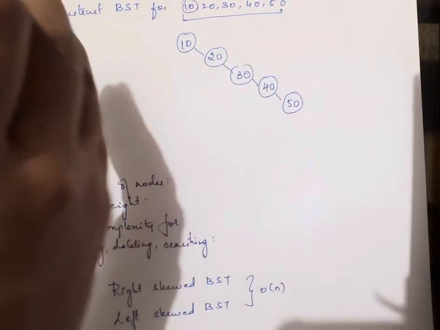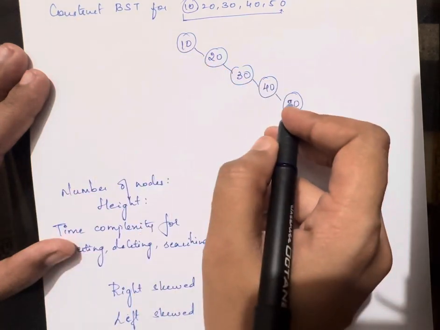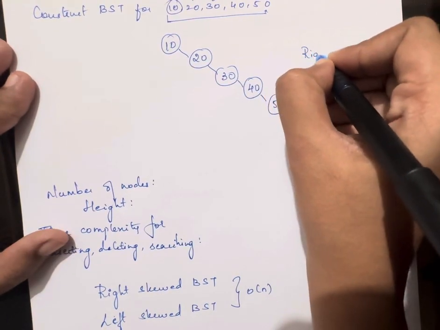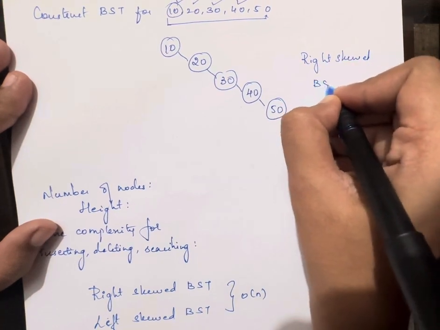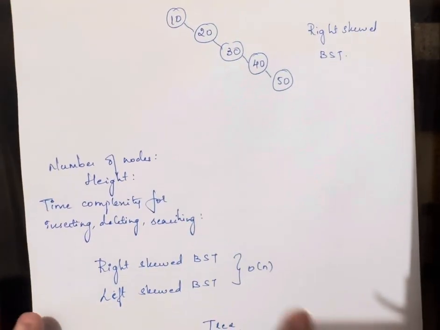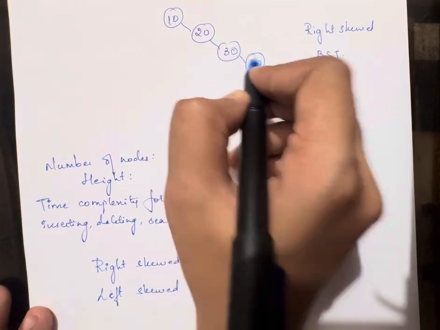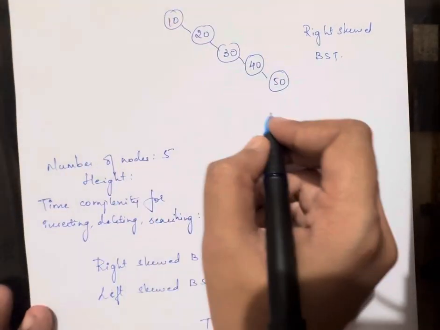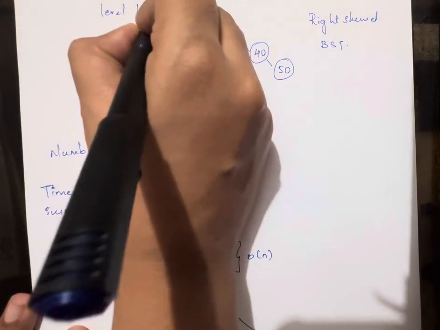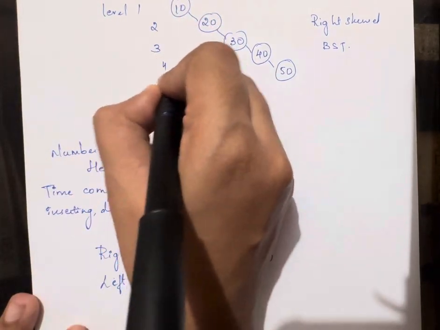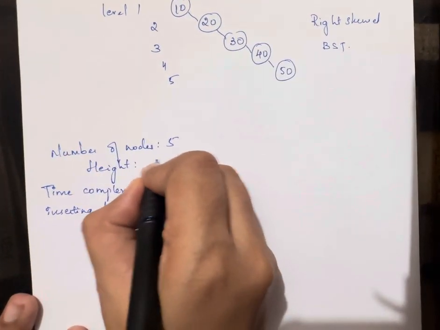So here we are only building on the right subtree, so this is called a right skewed binary search tree. The number of nodes in this is 1, 2, 3, 4, 5, so we have 5 nodes. This would be level 1, level 2, level 3, level 4, level 5. The height of this tree is also 5.